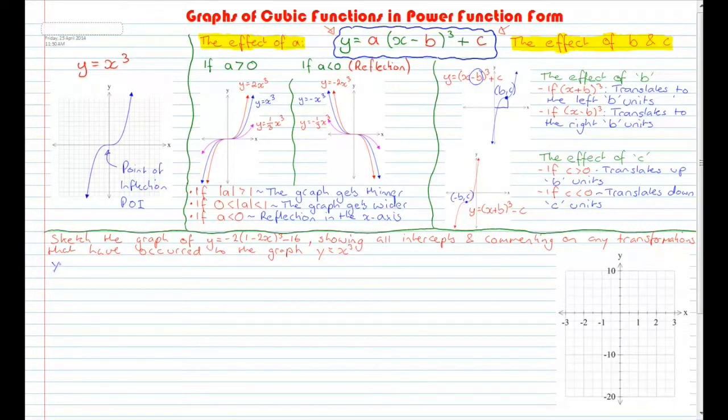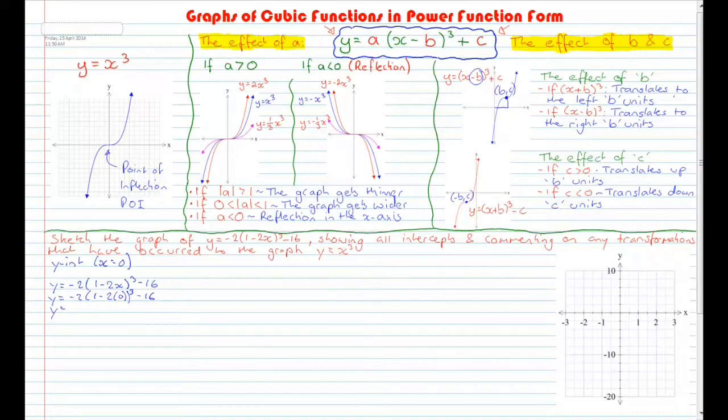Now for the y-intercept, we're going to make x equal to 0. We've got y is equal to negative 2(1 minus 2x) cubed minus 16, making x equal to 0 now. So y is equal to negative 2(1 minus 2 times 0) cubed minus 16.